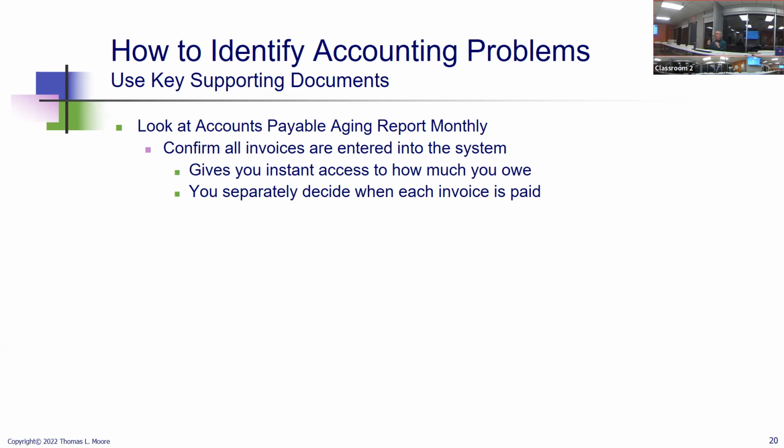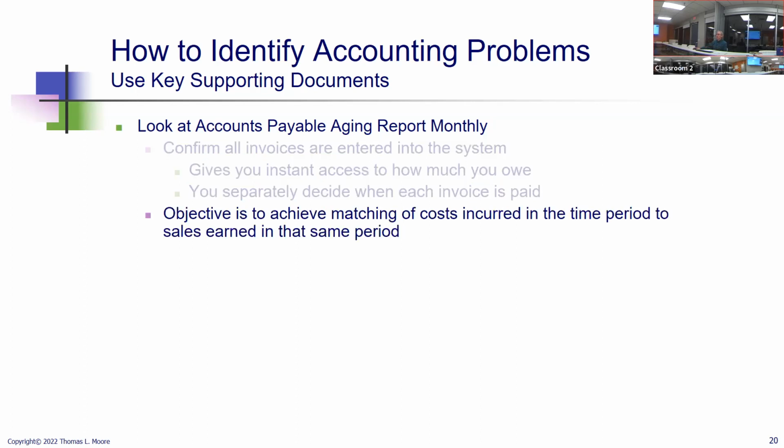But you want to be able to have control over that and manage it yourself, as opposed to having your bookkeeper pay your invoices because they've come due. Sometimes you can't afford to do that, and you need to give that instruction to your bookkeeper. The objective is to achieve a matching of costs incurred in a time period to the same period where sales are earned.